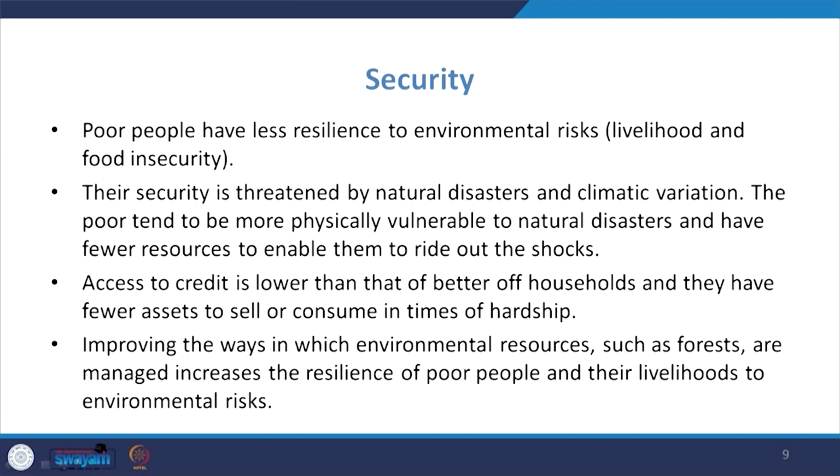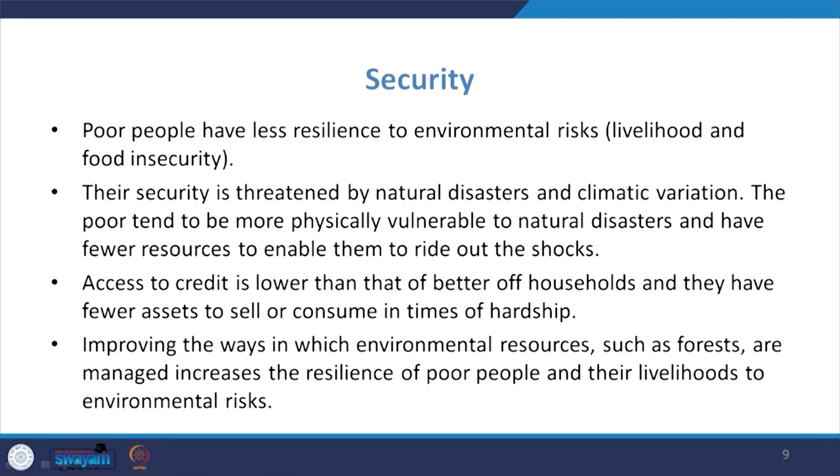Like they have less access to credit, they have poor housing conditions, they have less assets to sell or consume at the time of hardship. So, poor people have less access to credit, access to the assets, access to the living conditions, and therefore, when there is an environmental crisis or risk, they fall into the poverty trap.